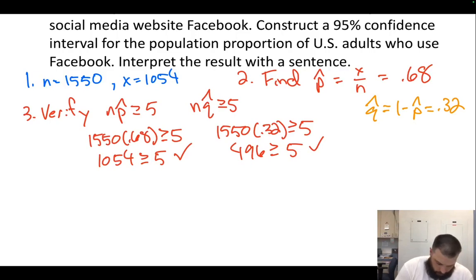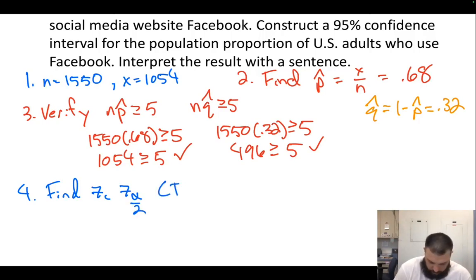So step 4, find z sub c, or z alpha over 2. We have a confidence level of 95%, so we'll go to Staplet for that.